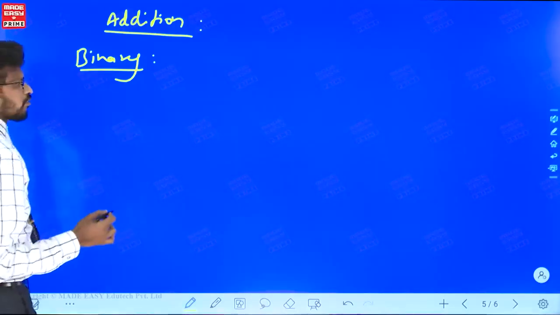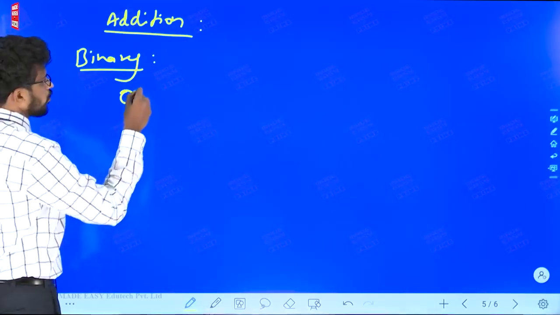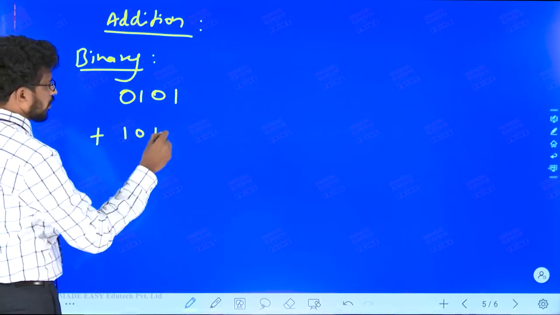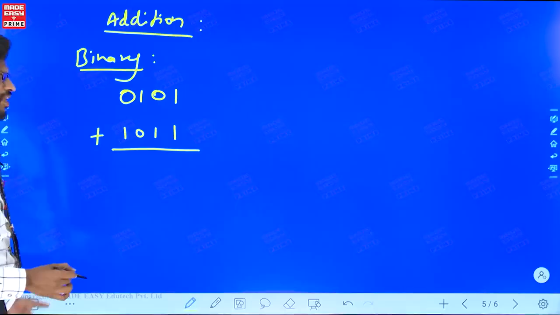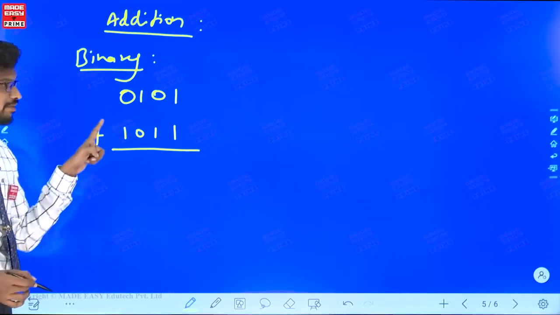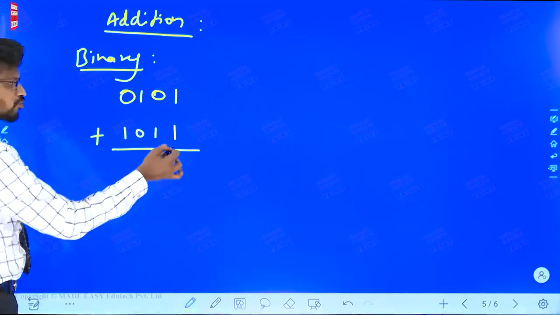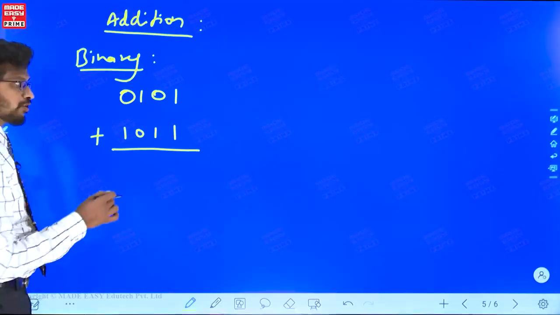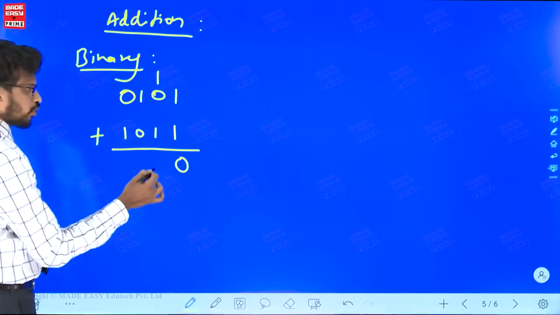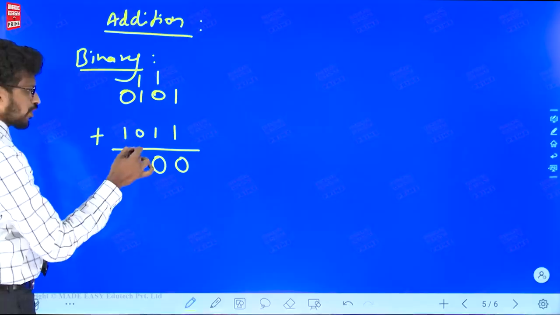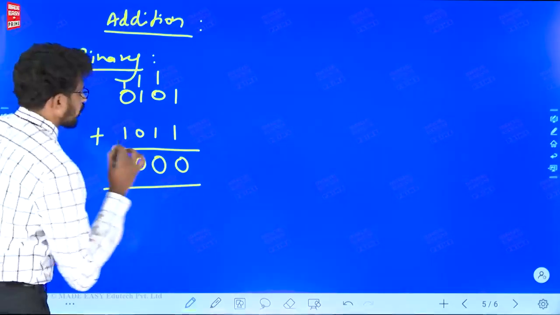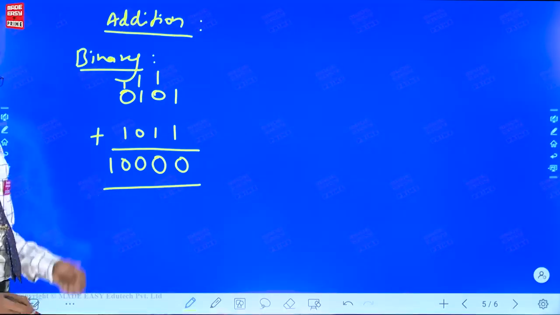Say it is 0101 plus 1011. I want to add these two data. Very simple. Remember, it's not decimal, it is binary data. 1 plus 1 is 2 anywhere, but how do you write 2 in binary form? 10. 1 plus 1, 2, is 10. That is how we simply perform binary addition.